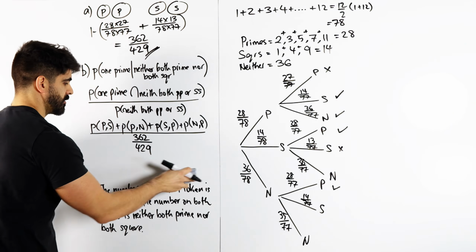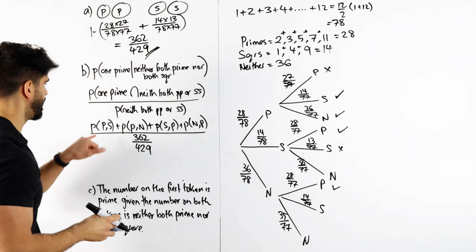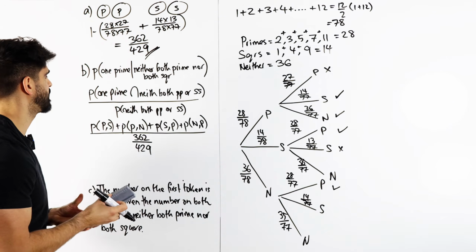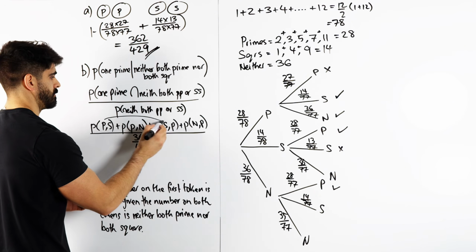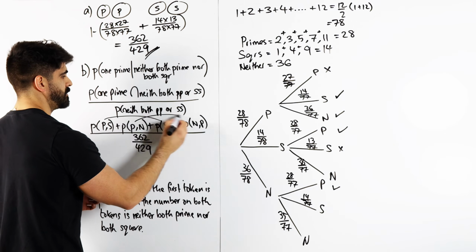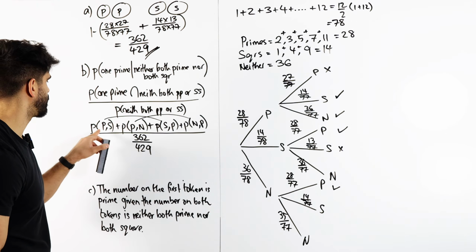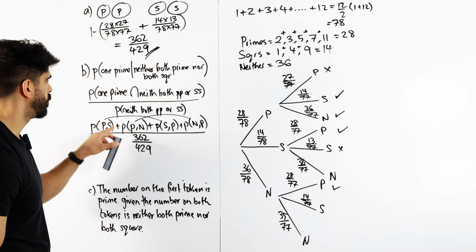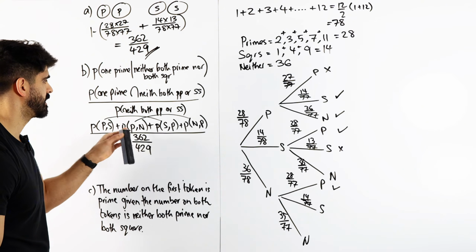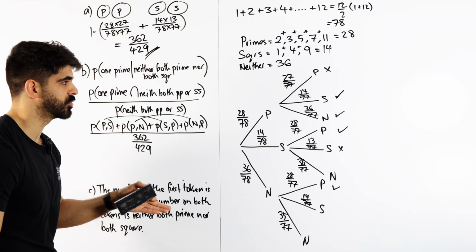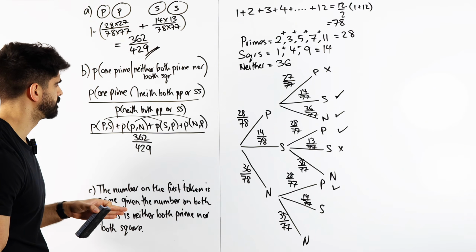Now what's interesting is that PS and SP are the same, and PN and NP are the same. So we can work out the probability of PS and double it, work out the probability of PN and double it. They're the same outcome, just in different orders.